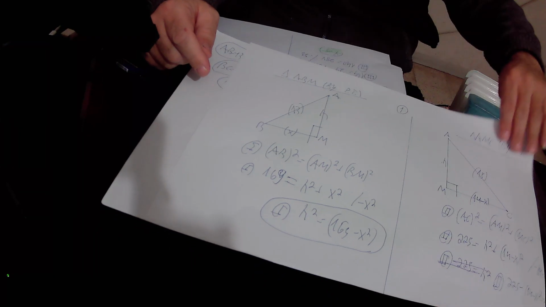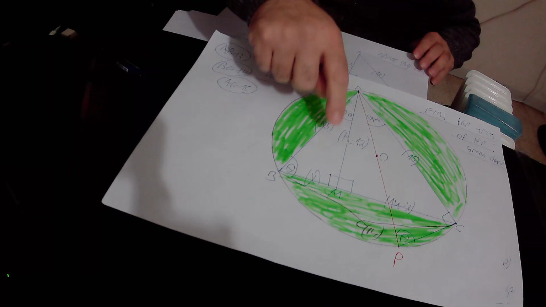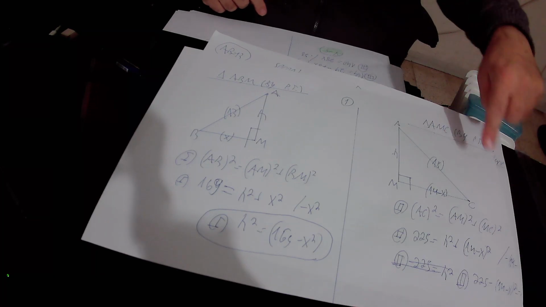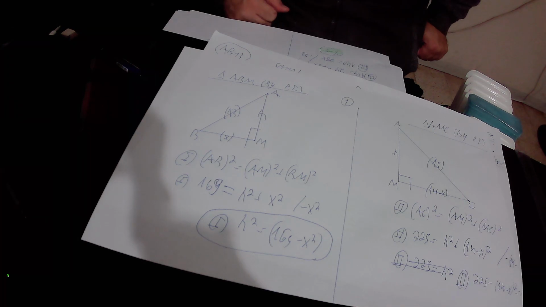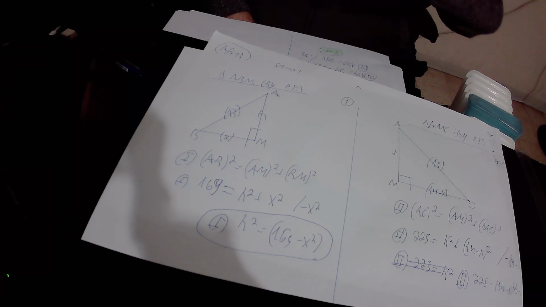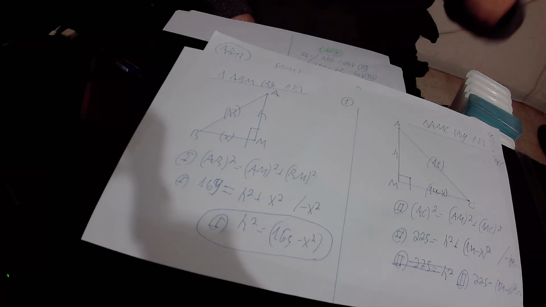Then I copied the right triangle AMC onto a new page and implemented the Pythagoras theorem on this right triangle AMC. This is the right triangle AMC that I copied from the original drawing. AM equals 8 according to our definition, MC equals 14 minus X, and AC equals 15 according to what is given.